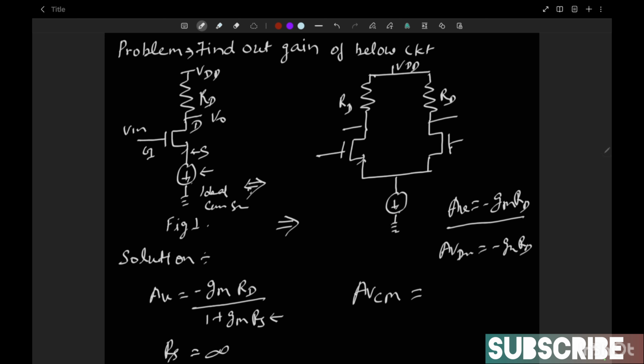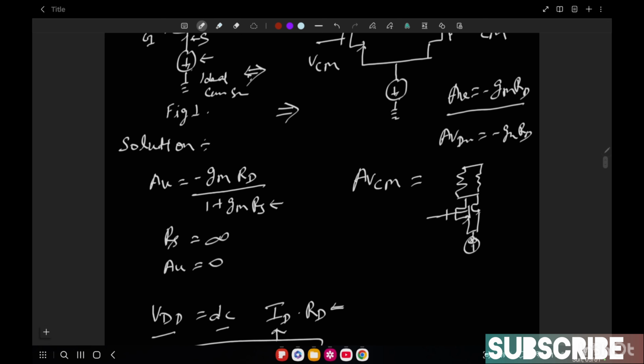Obviously, in case of common mode gain, we apply the same voltage at both terminals. So the equivalent circuit will become like this. This is your current source, and this is your RD, this is your RD.